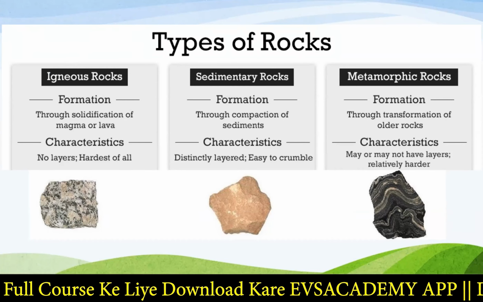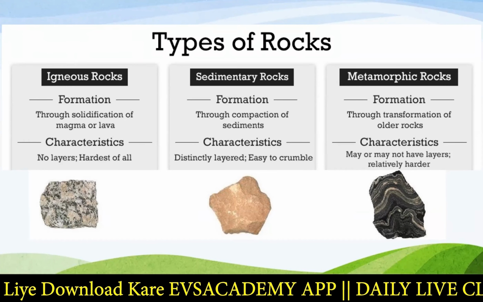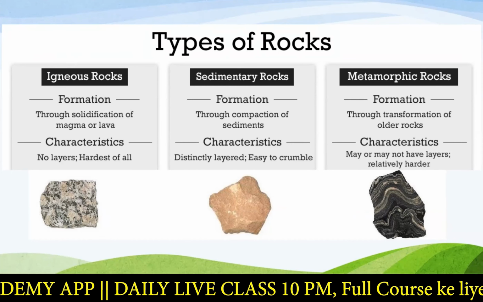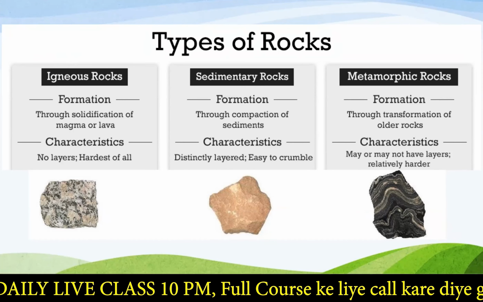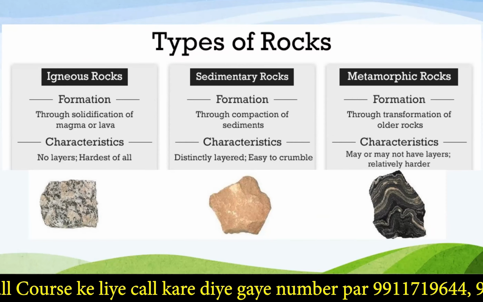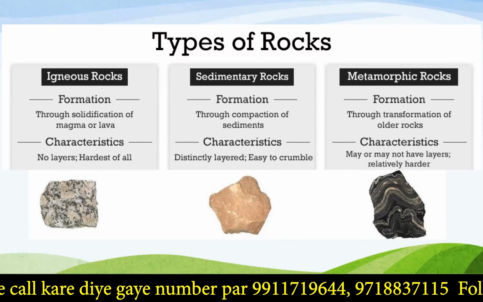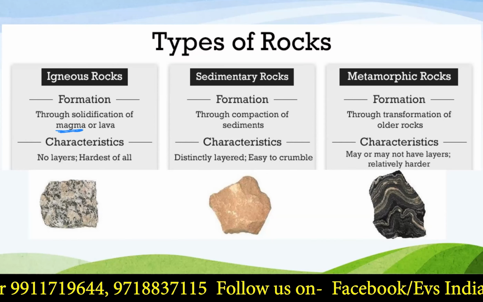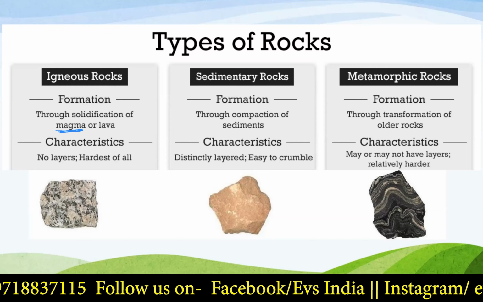So how does the formation of the igneous rocks take place? The igneous rocks are made from the solidification of magma or lava. Now, what is the difference between magma and lava? If the liquid form of the metals, elements or minerals is found below the soil surface, at very high temperature, that would be termed magma.